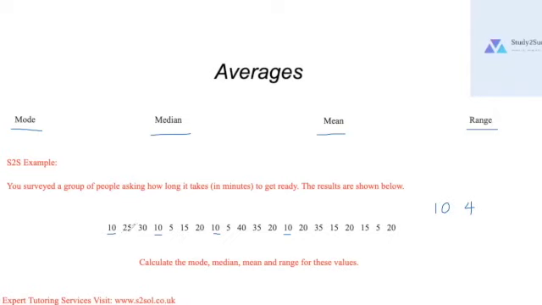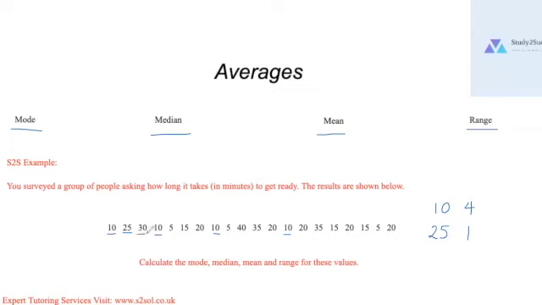Let's see how many times 25 has appeared. We can see it once. If we scan through the data set, we can see that 25 only appears once. That means 1 person out of everyone who we've surveyed has said that it's taken them 25 minutes to get ready. So by 25, we're just going to put 1. Let's move on to 30.